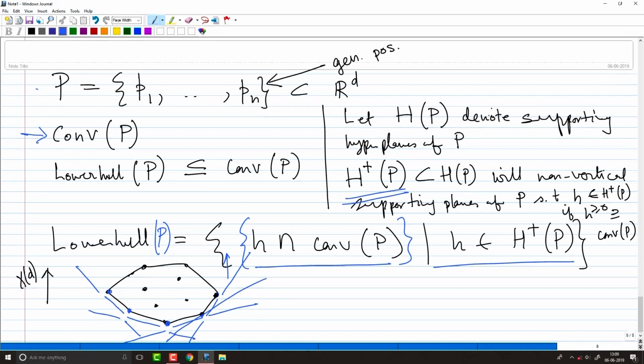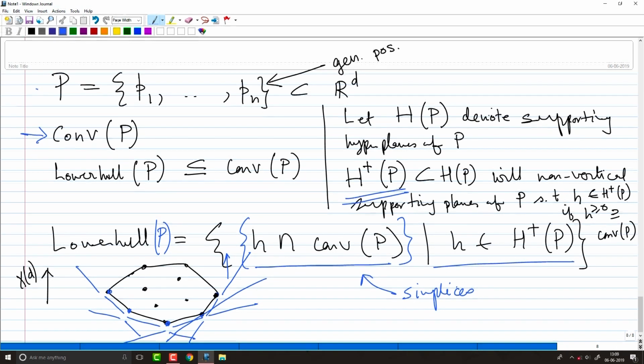So these things that we have, H intersection these, will be simplices. It's a simplicial complex, right? So lower hull of P will be a simplicial complex because P is in general position.